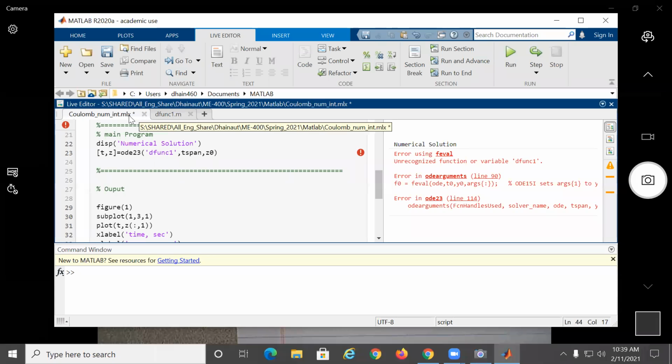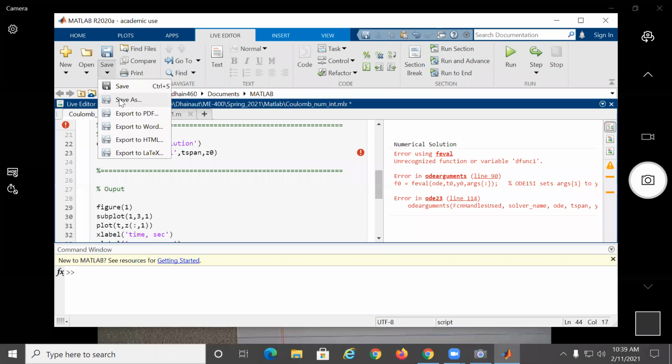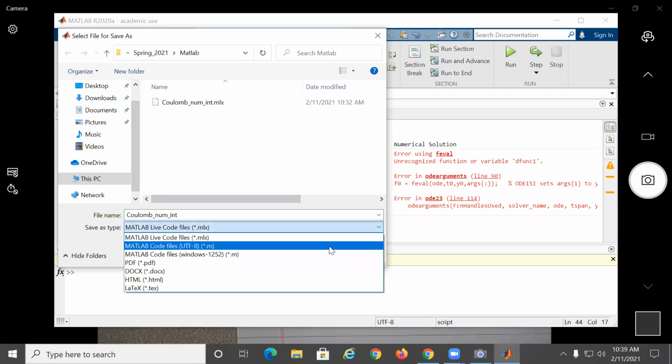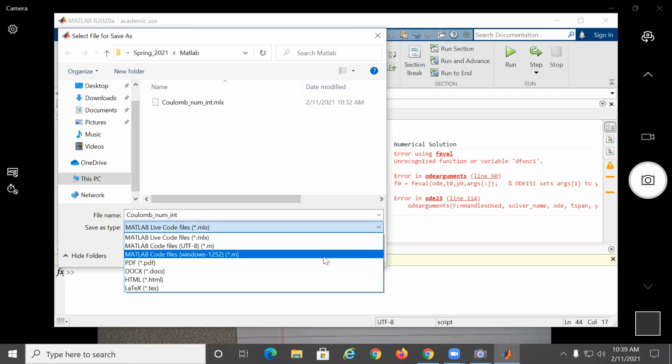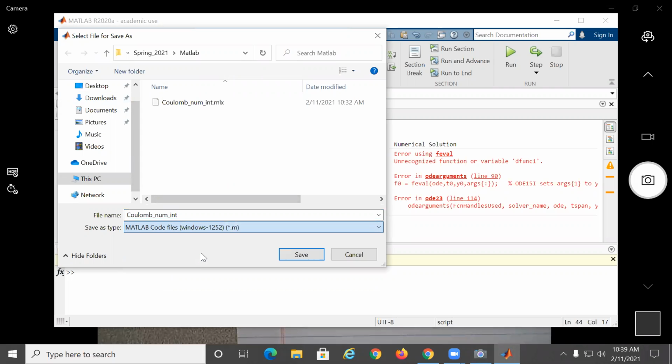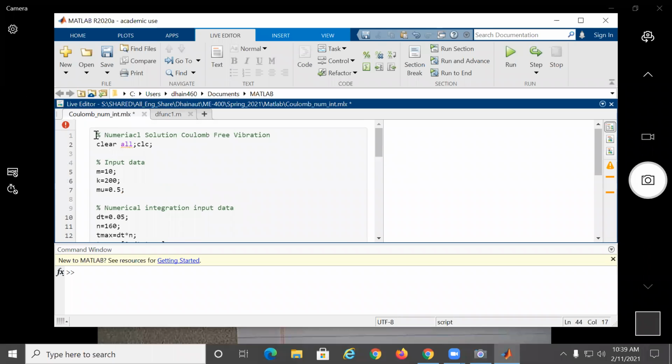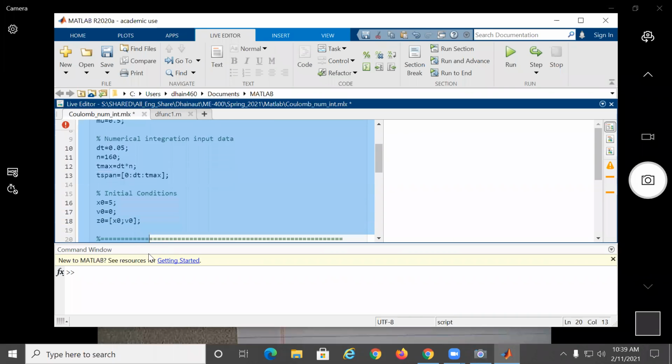Oh, let me say this differently. I don't like this stuff here. I'm not familiar with that, so let me just call it MATLAB code M. Why do you have all those 3 different extensions here? Let me do something here. I'm not familiar with the MLX. I don't know what I wanted to try today.